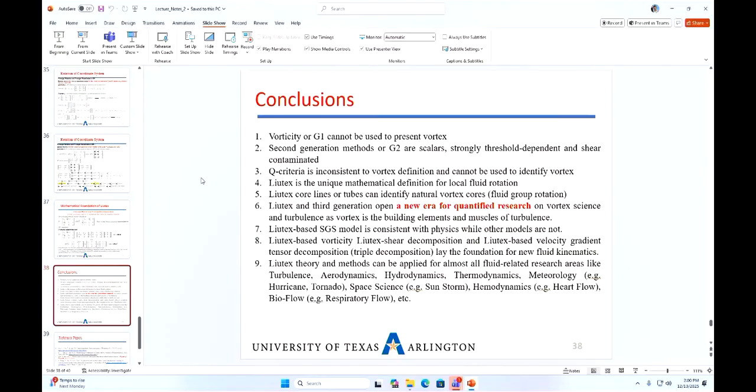Viscosity is physically the property of fluids. Like we have oil, we have water, we have air. They have different viscosity. How is the viscosity changed by the turbulence? How can turbulence change the viscosity? It doesn't make sense.